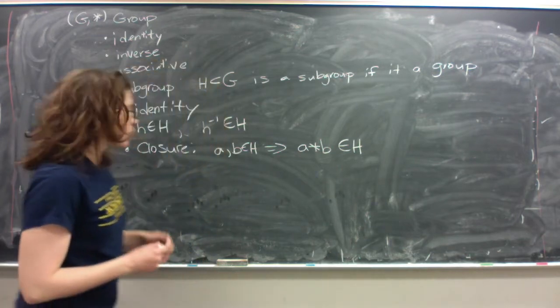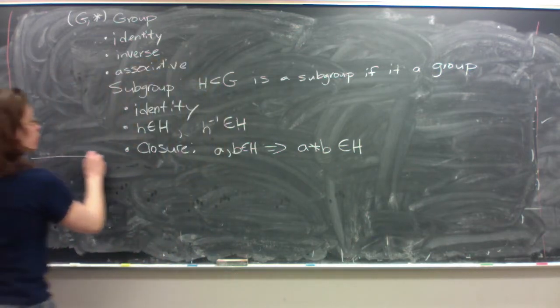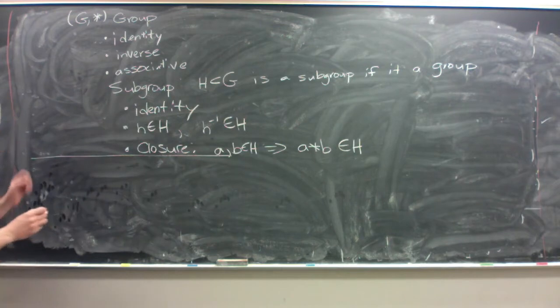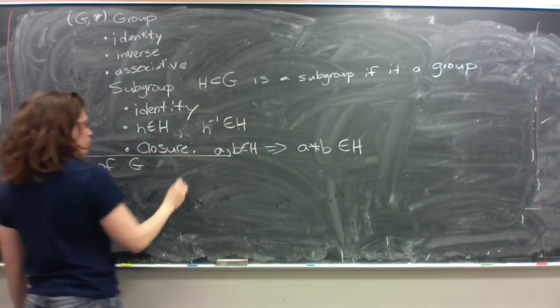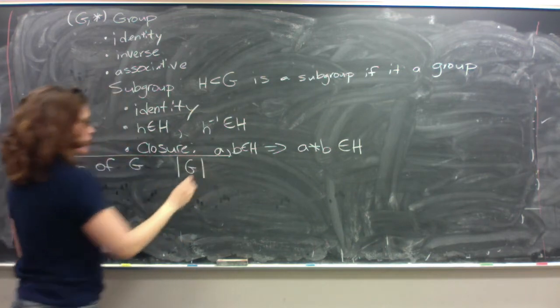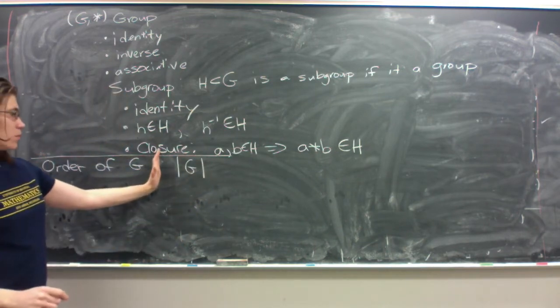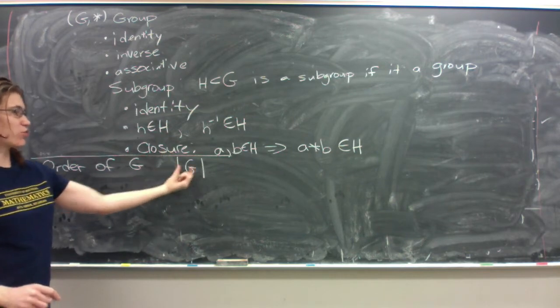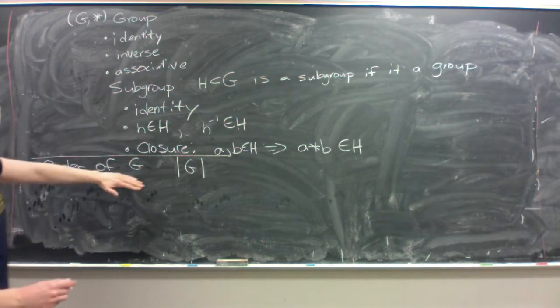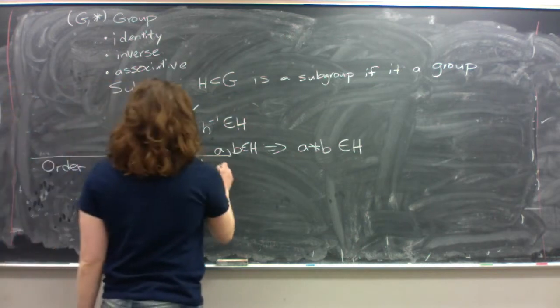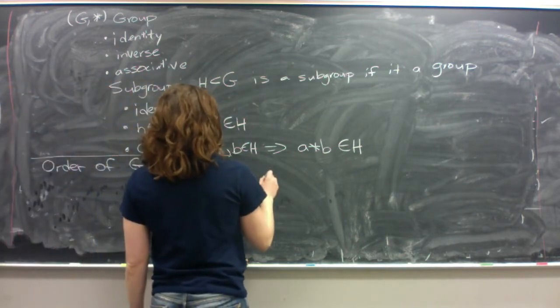Okay. I'd like to highlight some other terms that we discussed last time. We discussed the order of a group, and sometimes we denote this by putting straight lines on either side of G. The order of a group is the number of elements in the group.